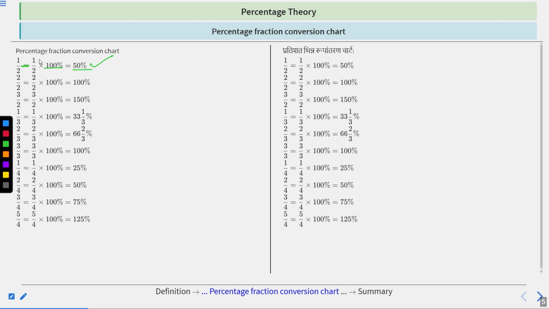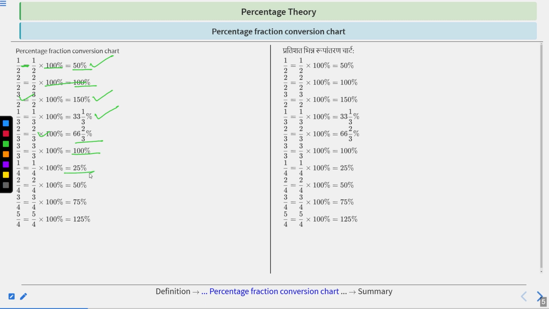Again, when you multiply 2 by 2 by 100, it will become 100%. In that way, 3 by 2 becomes 150%, 1 by 3 multiplied by 100 becomes 33 and 1 by 3%, 2 by 3 becomes 66 and 2 by 3%, 3 by 3 again becomes 100%, and so on.